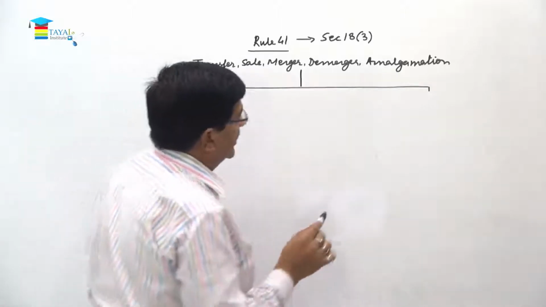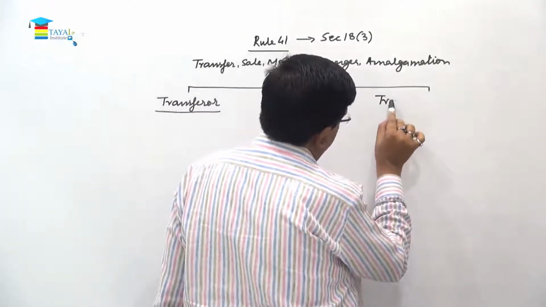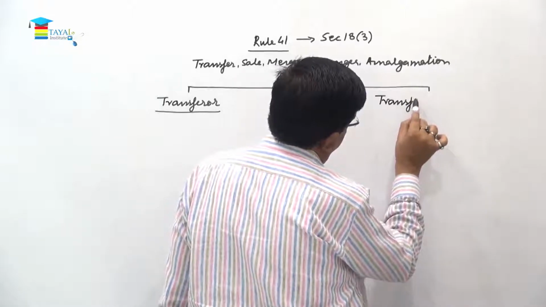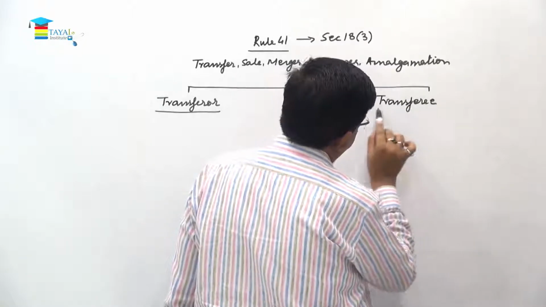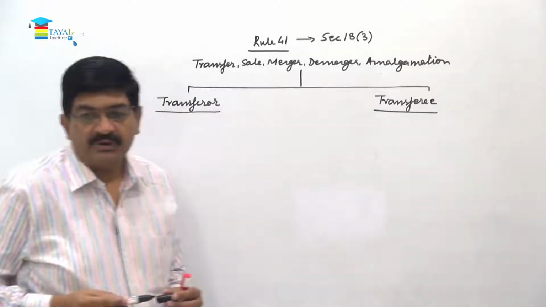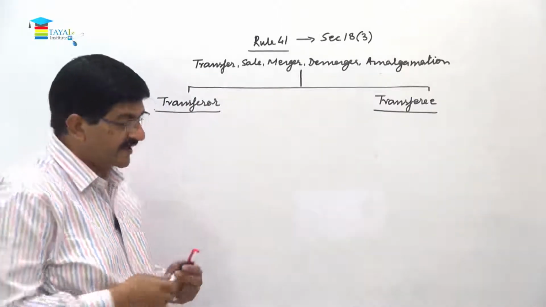and what is to be done by the transferee for transfer of unutilized credit?